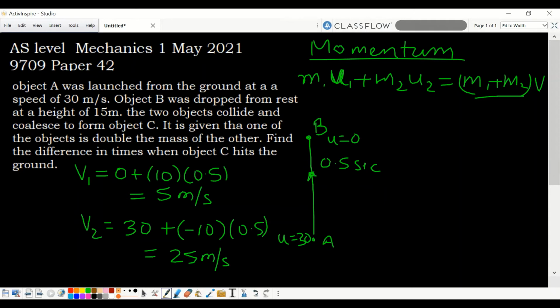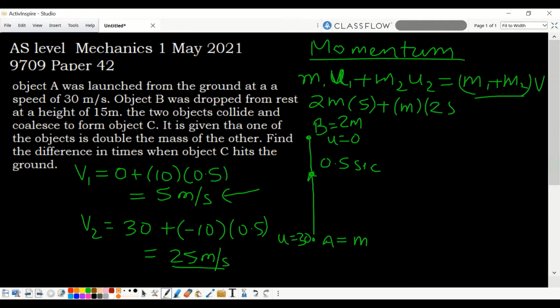So, first situation when B is heavier. Let's say B is 2m, A is m. For B, the U1 is 5 meters per second. So we'll write 2m times 5 plus m2, M2 is just m, times the velocity of A, which is 25 meters per second upwards.